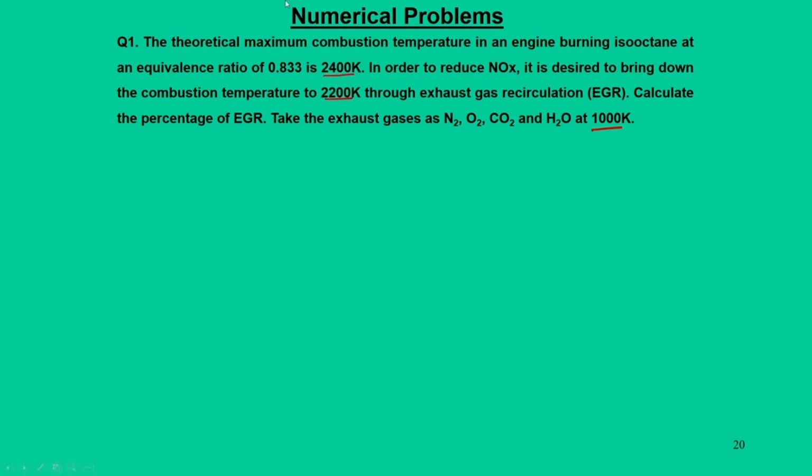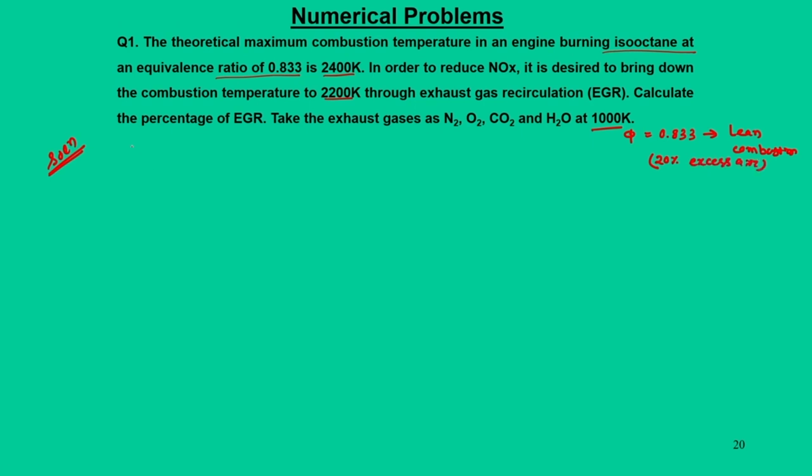To solve this problem, the first thing we should attempt is to see what happens for isooctane at an equivalence ratio of 0.833. So, 0.833 means it is a lean combustion, and if you find the value closely, it is 20% excess air.